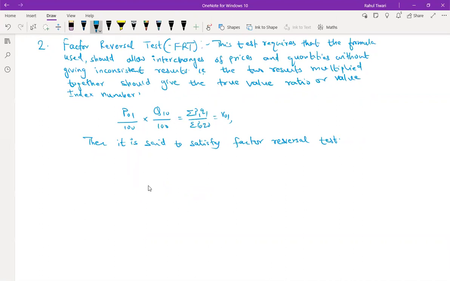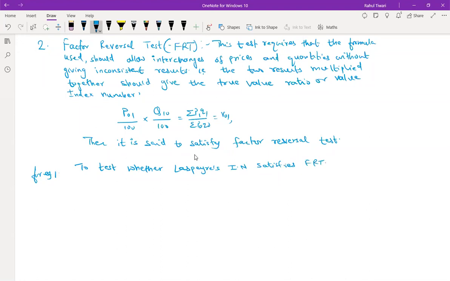For example, to test whether Laspeyres price index number satisfies FRT or not.